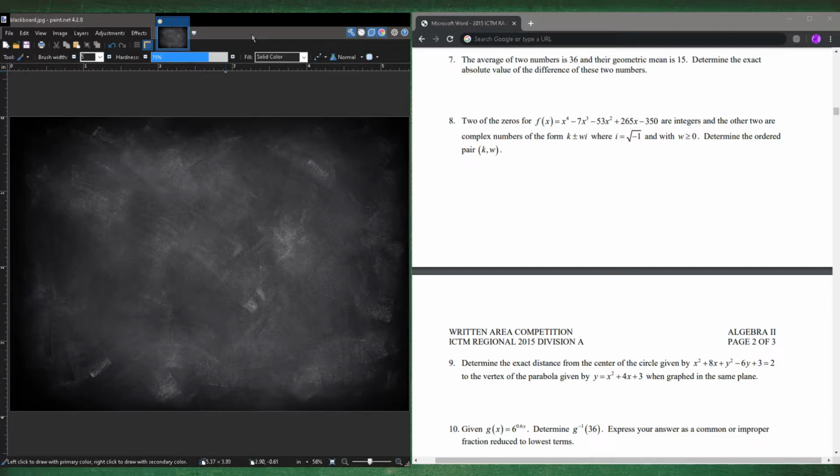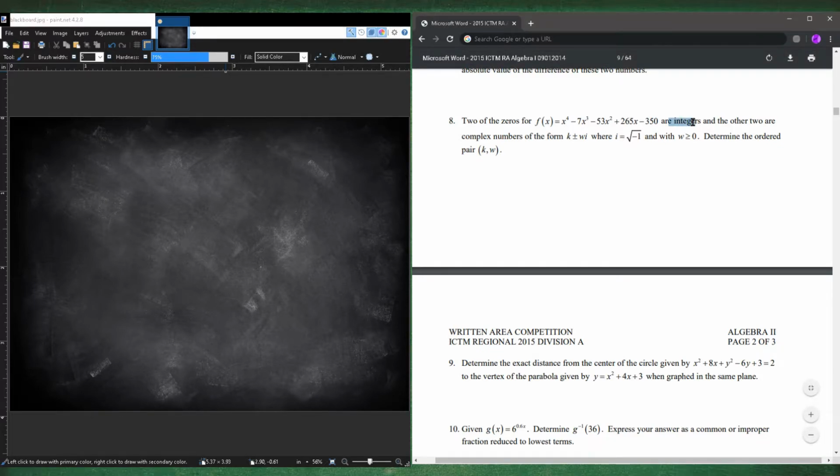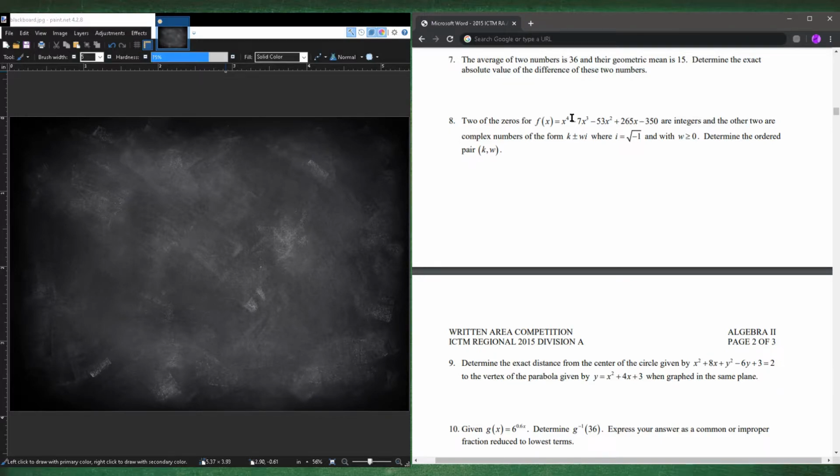Since this is x to the power 4 and they told us two of the zeros are integers, that means the other two have to be complex numbers. So 2 plus 2 is 4, right? So we want to find out what the zeros are, using your calculator.